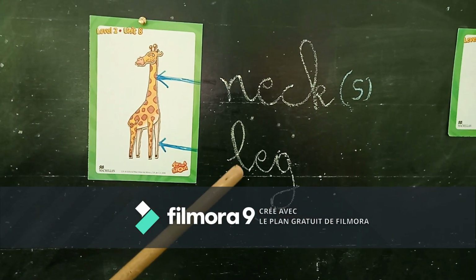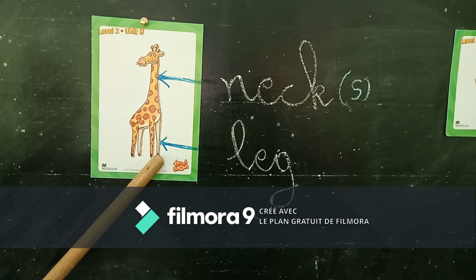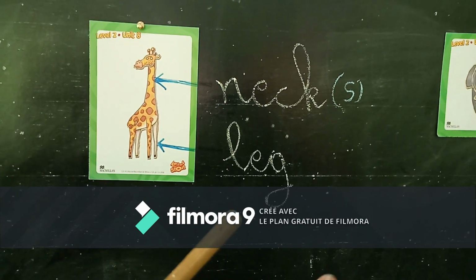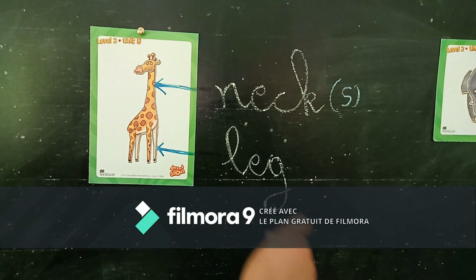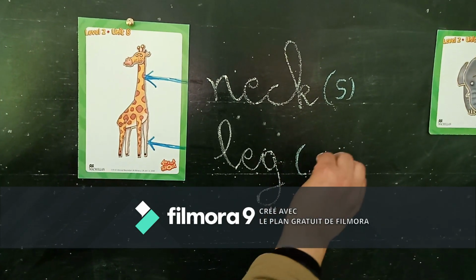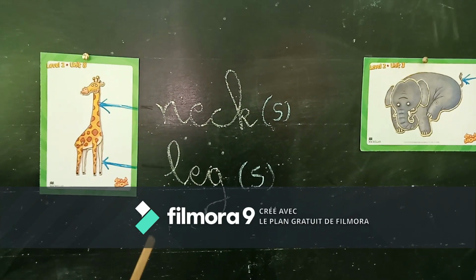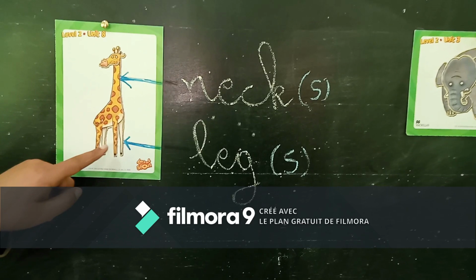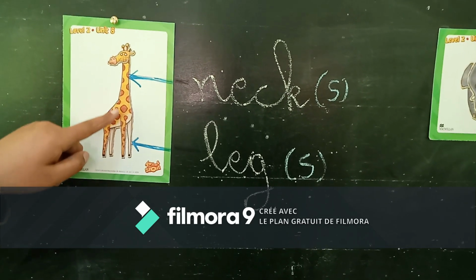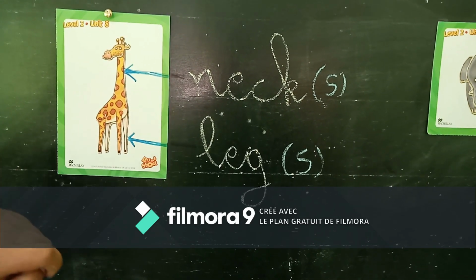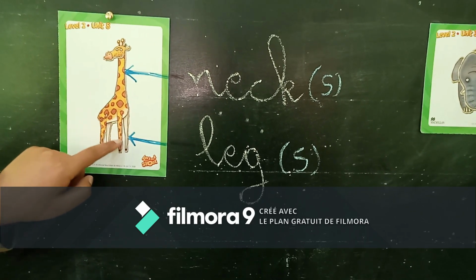Then you have here leg. If you're talking about just one, you say leg. But if you are talking about two, we say legs. Here we have two. We say they have two legs. But the giraffe has 4. We have 1, 2, 3, 4.